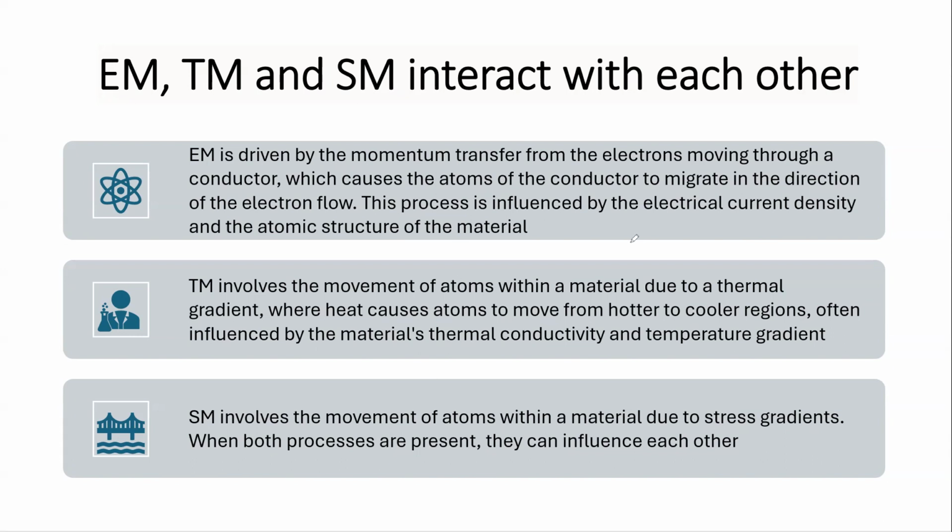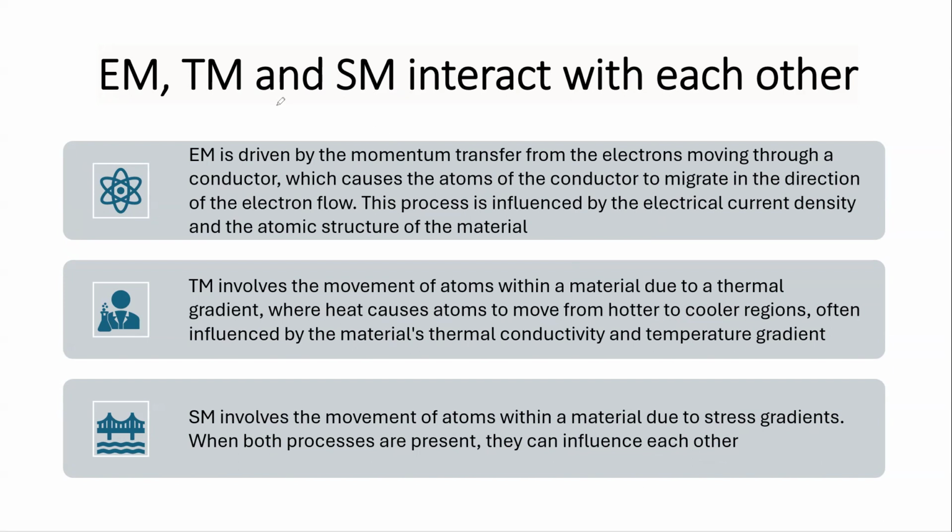The electron wind wants to move this way, the thermal gradient wants to move from hot to cold, but all of these face a stress resistance. All these forces are interacting and influencing each other. So that's the key message I would like to convey.